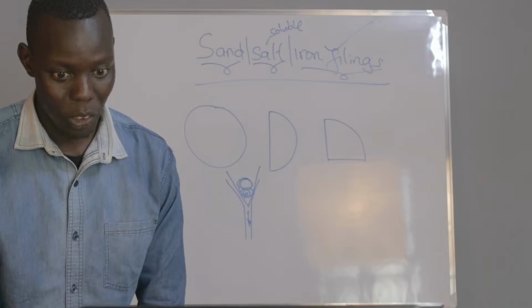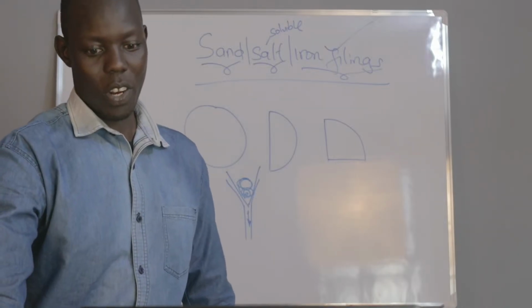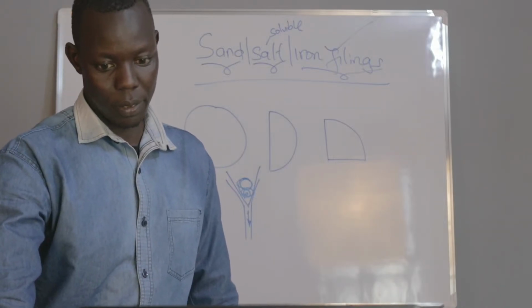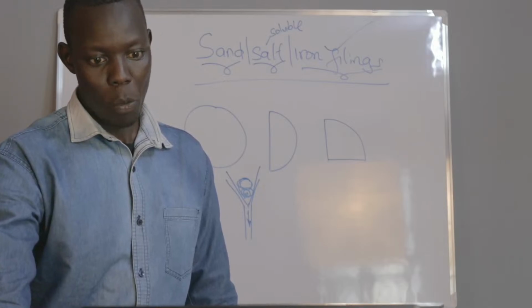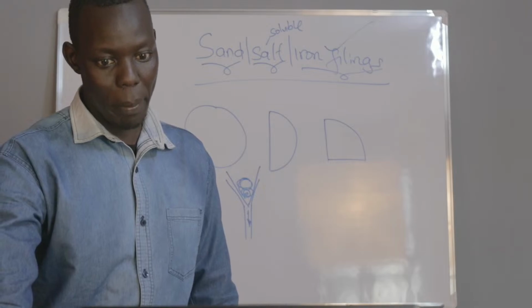What do you call the substance that passes through the filter? The filtrate, which is okay. What do we call the ones that remain?